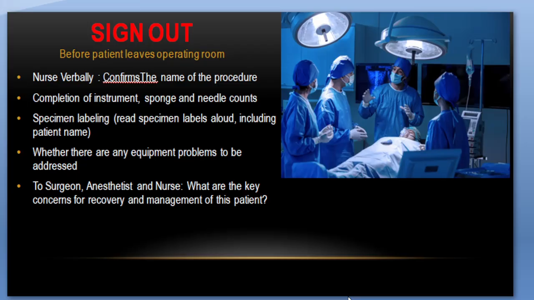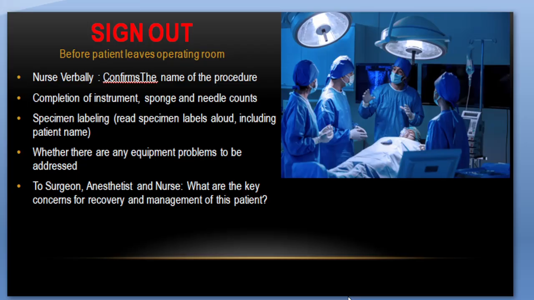The next thing is, the nurse has to confirm with the scrub nursing officer as well as the doctors the completion of instrument, sponge, and needle counts. We have to confirm to prevent complications.